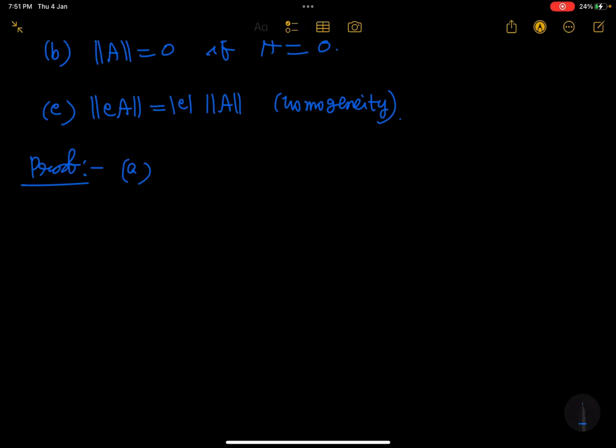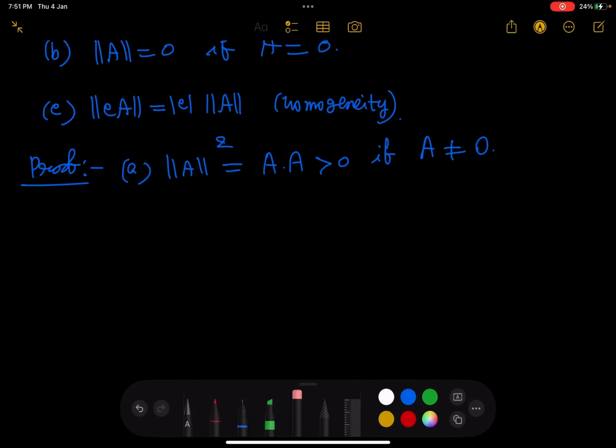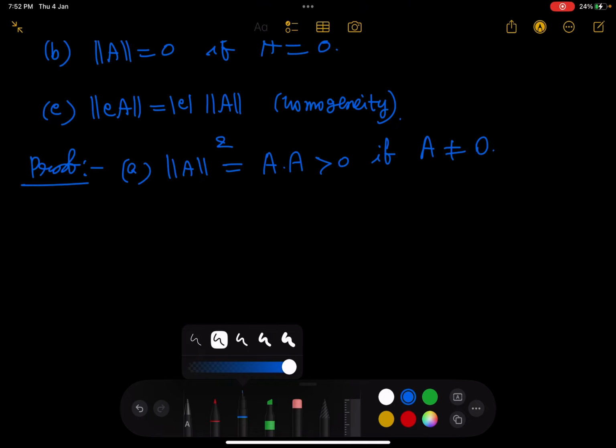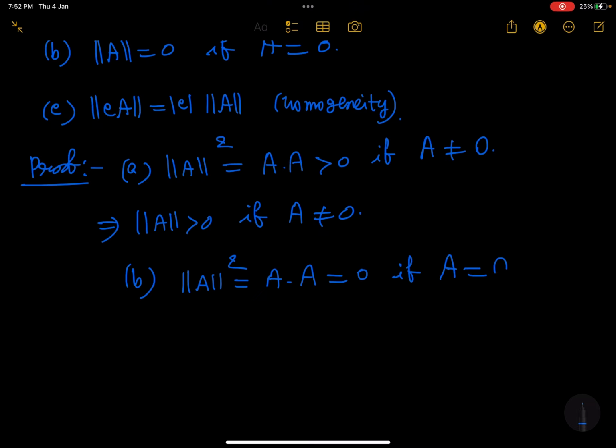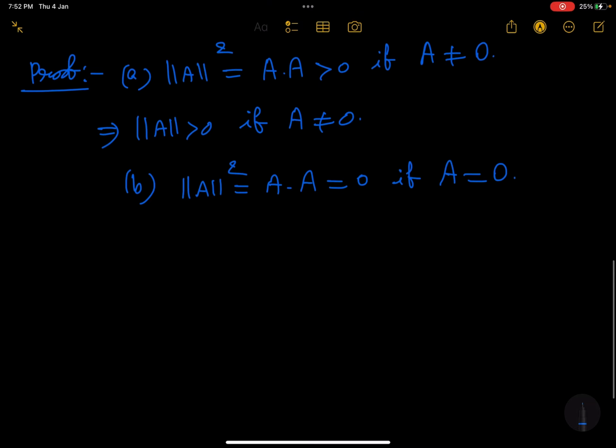Okay, so we'll prove these things. For the first one, what is norm of A square? This is basically A dot A, which is always positive if A is not the zero vector, by the property proved earlier. That says that norm of A is strictly positive if A is not equal to 0. For the second one, norm of A square is A dot A, which is again 0 if A is the zero vector; that was proved earlier.